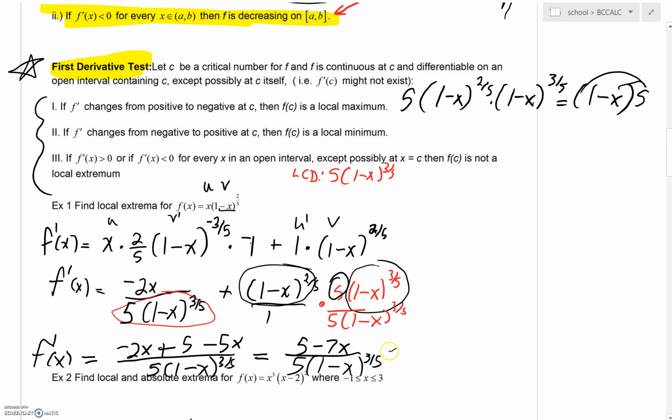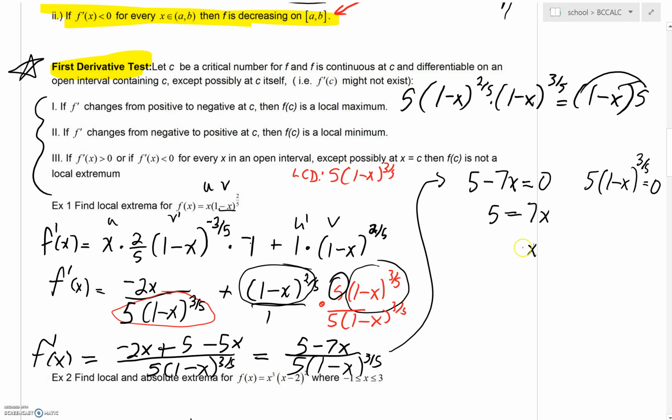To find critical numbers, however, you're interested in where your numerator could equal 0 and where your denominator could equal 0. Where the denominator is going to equal 0, that derivative will be undefined. The numerator, if the top is equal to 0, well, it doesn't take you too long to see that x would be 5/7 for that one.